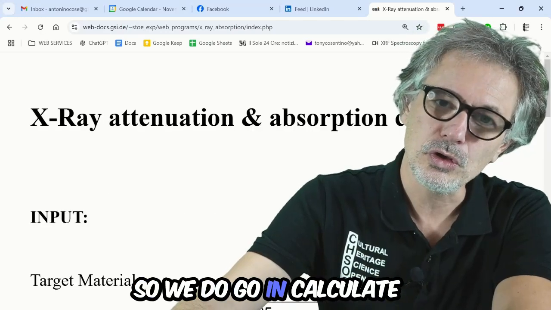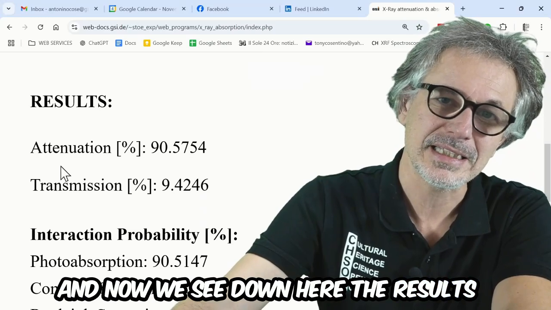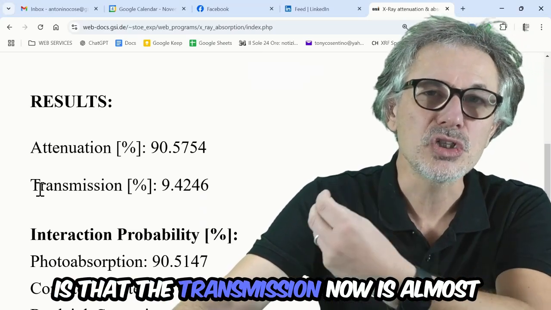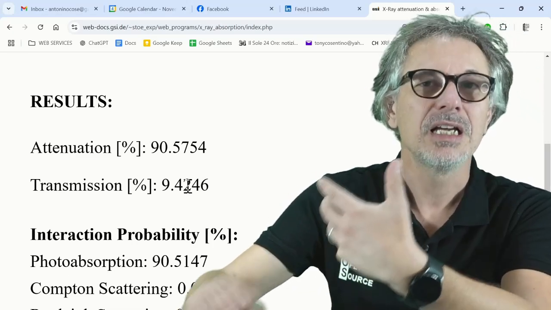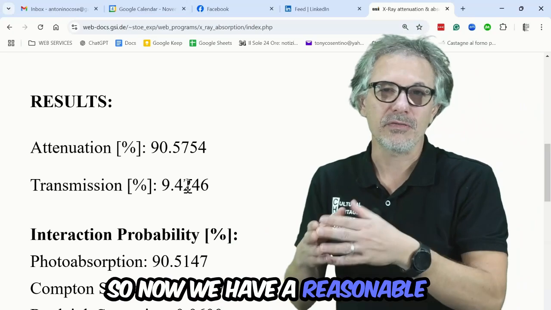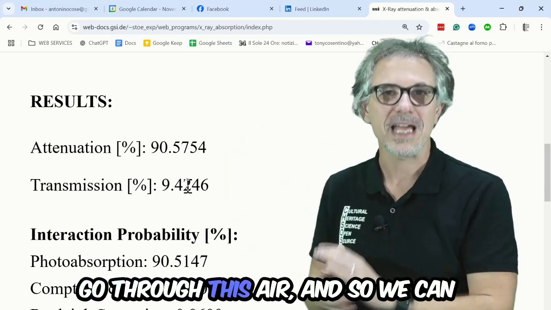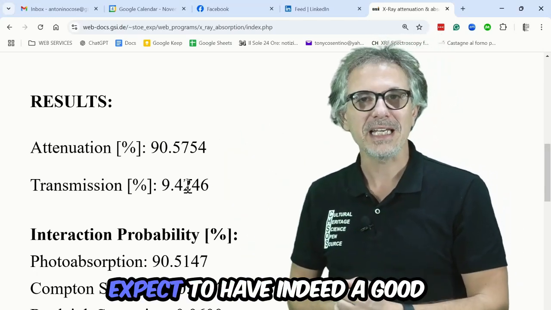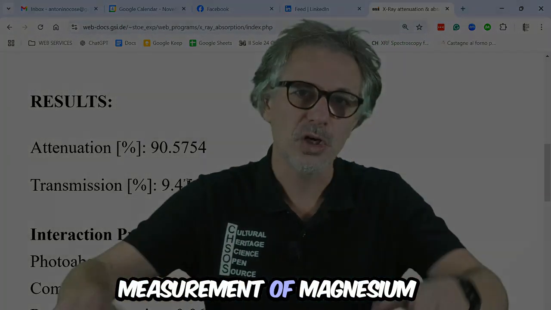We click calculate, and down here we see the result: the transmission is now almost 10%. So now we have a reasonable number of X-rays that can go through this air, and we can expect to have a good measurement of magnesium.